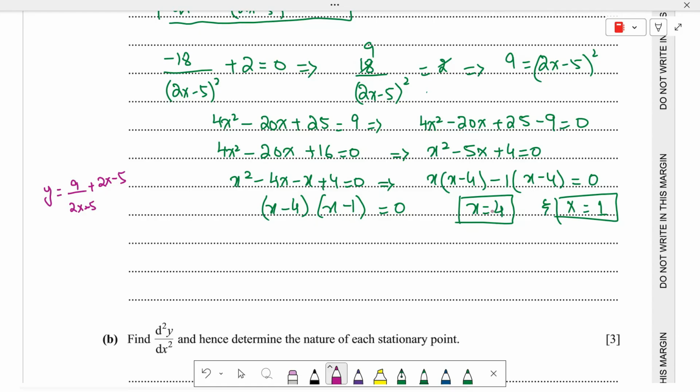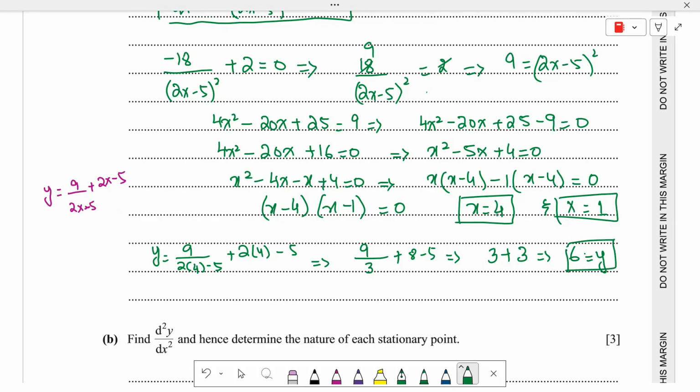So first plug 4 in this equation, and we will have y equals 9 over 2 times 4 minus 5 plus 2 times 4 minus 5, and this will equal 9 over 2 fours are 8, 8 minus 5 is 3, and this one is also 8 minus 5, and solving this we will have 3 plus 3, which is equal to 6. So we have the y coordinate for x equal to 4.